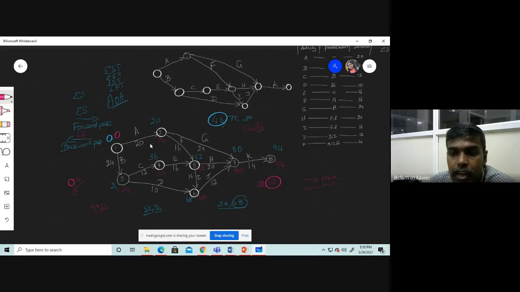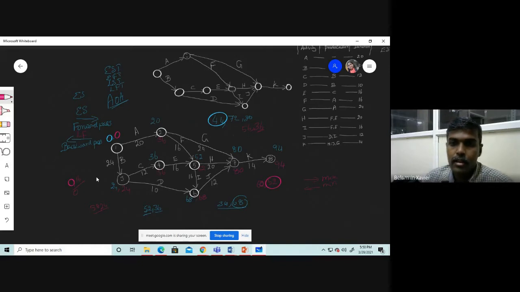Same way, each and every activity will come. So be careful on the junction where these nodes are merging. You will get 2 or 3 or 4 types of duration. In that particular duration, you have to take the least value when we calculate the backward pass. Okay. So now the time duration has been calculated.